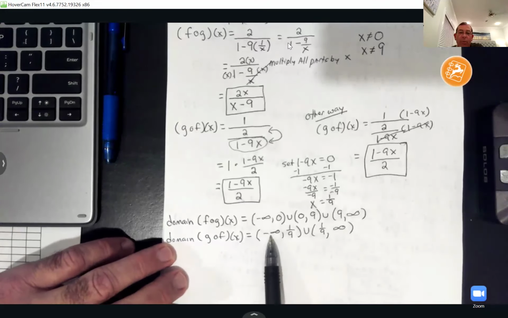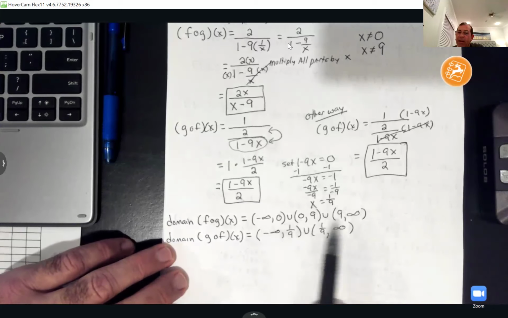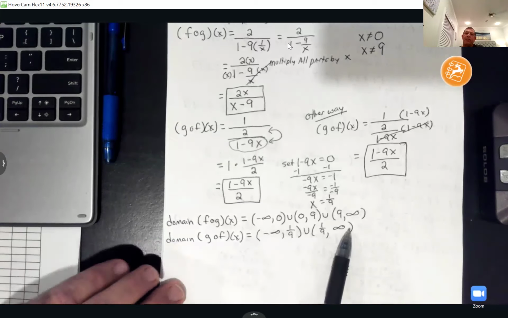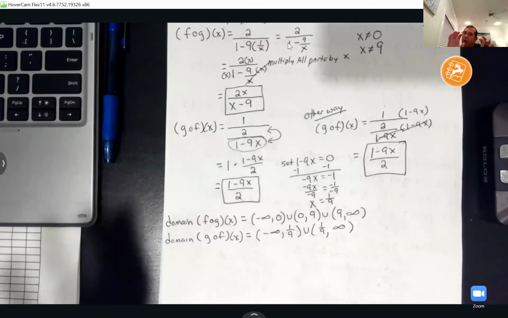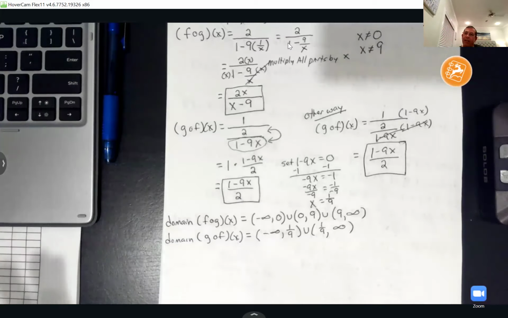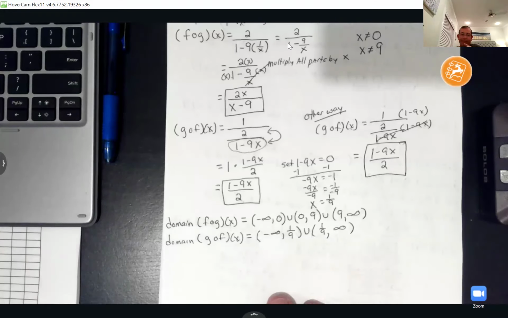So all y'all's domains are going to start with negative infinity and end with positive infinity. You just got to watch out for what numbers you're kicking out of that, okay? And y'all, I'm not going to lie, these are sort of tricky. You just got to get used to the idea that you're plugging a whole function into another function, okay?